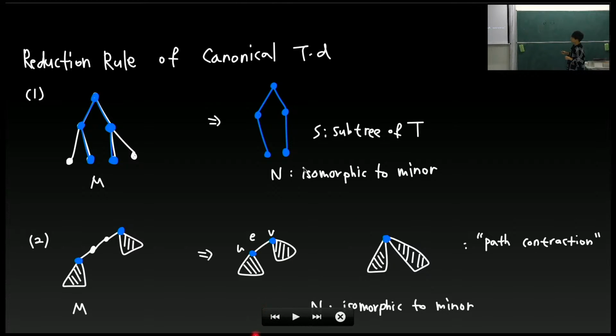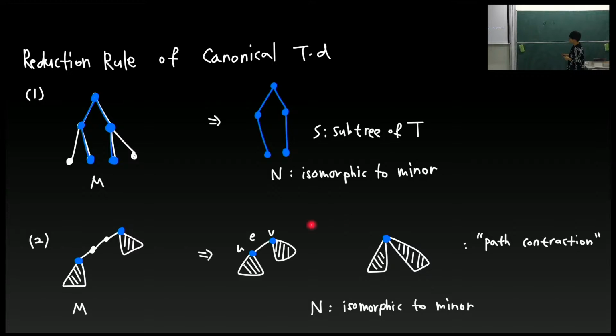The second reduction says that in a tree decomposition, when we can find an induced path of length at least 2, then we can contract the path to an edge or a vertex, depending on whether these two vertices eventually become a bad pair or not.